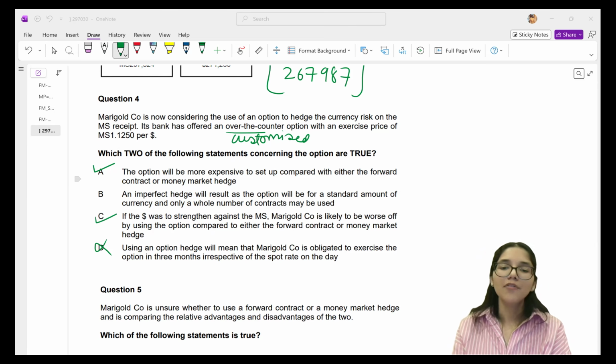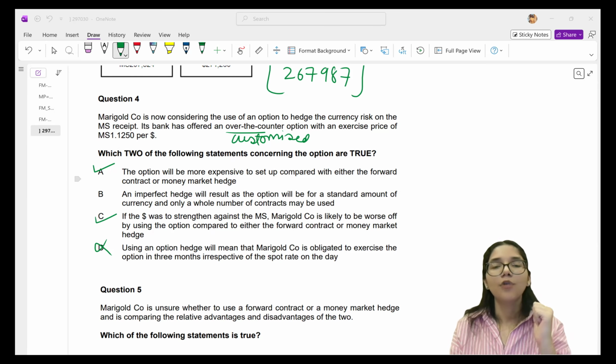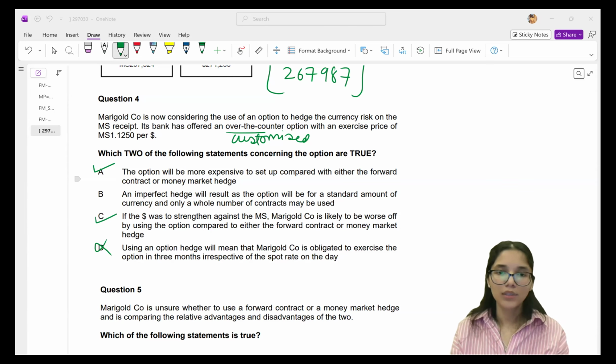So you will have to go ahead with the exercise price. That means you have to pay the premium and you also end up losing money because the dollar became stronger. Converting those M shilling, you received fewer dollars. If the other instruments were used, a forward contract or a money market hedge, then I could have gotten better rates than the exercise price of my option. So that is why statement C is absolutely correct.